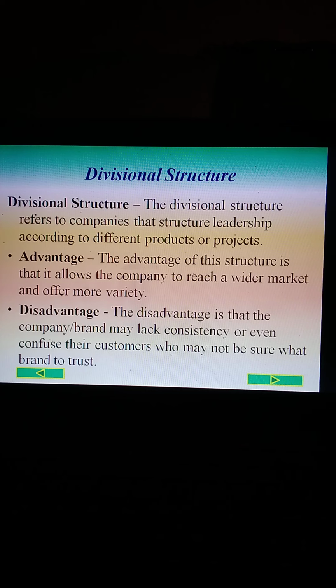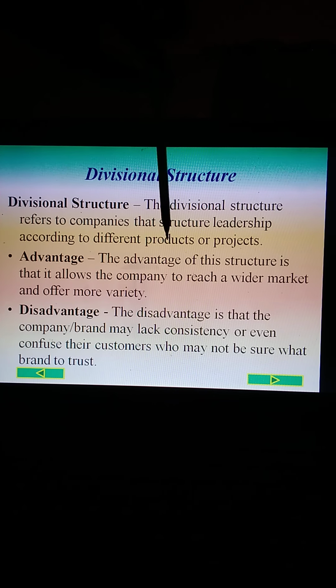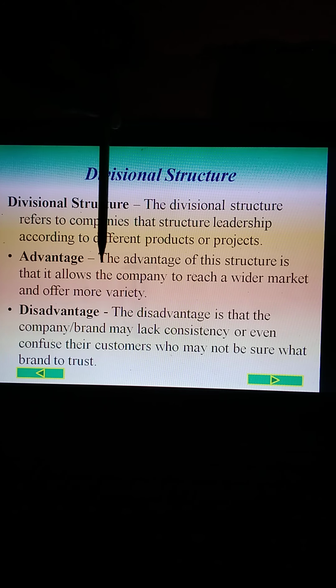Then we're looking at the divisional structure. The divisional structure refers to companies that structure leadership according to different products or projects. One good thing about using this structure is that it allows the company to reach a wider market and offer more variety.